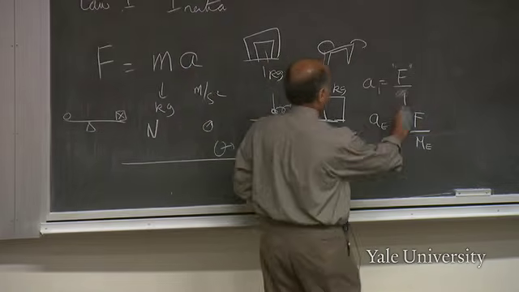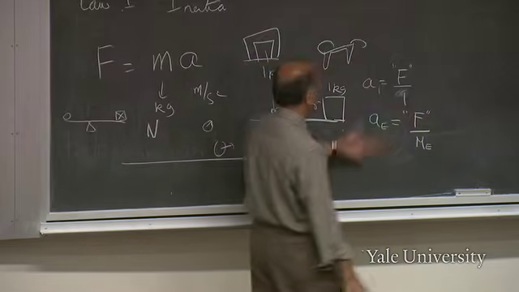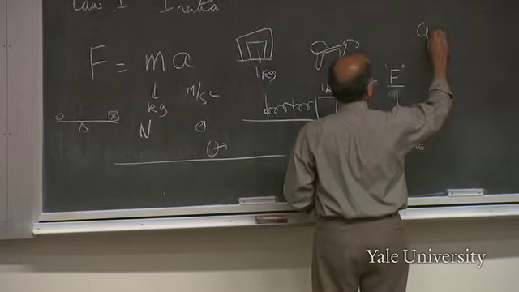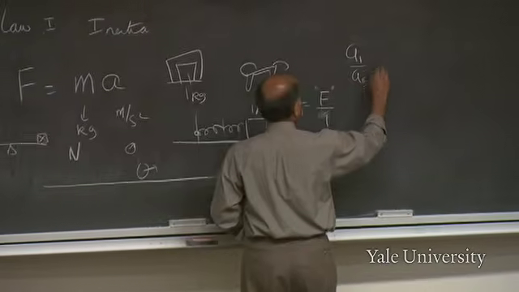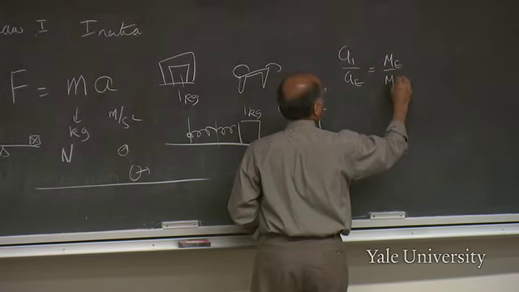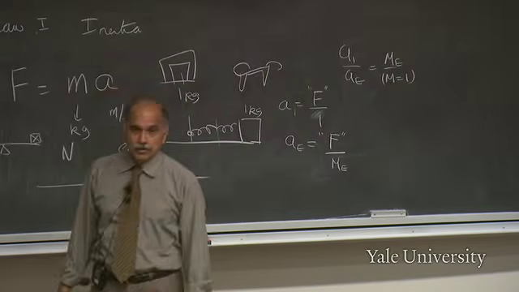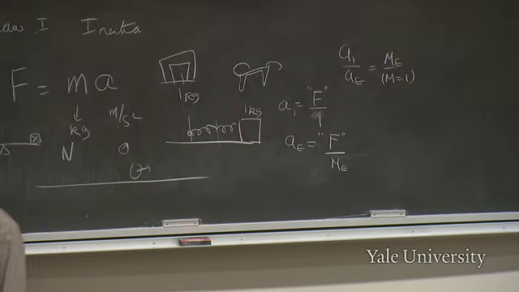The force is not known, but it's the same force. So when I divide these two numbers, I'm going to find A1 over AE is equal to ME over M, which is the 1 kilogram mass. So what we needed was some mechanism of exerting some fixed force.